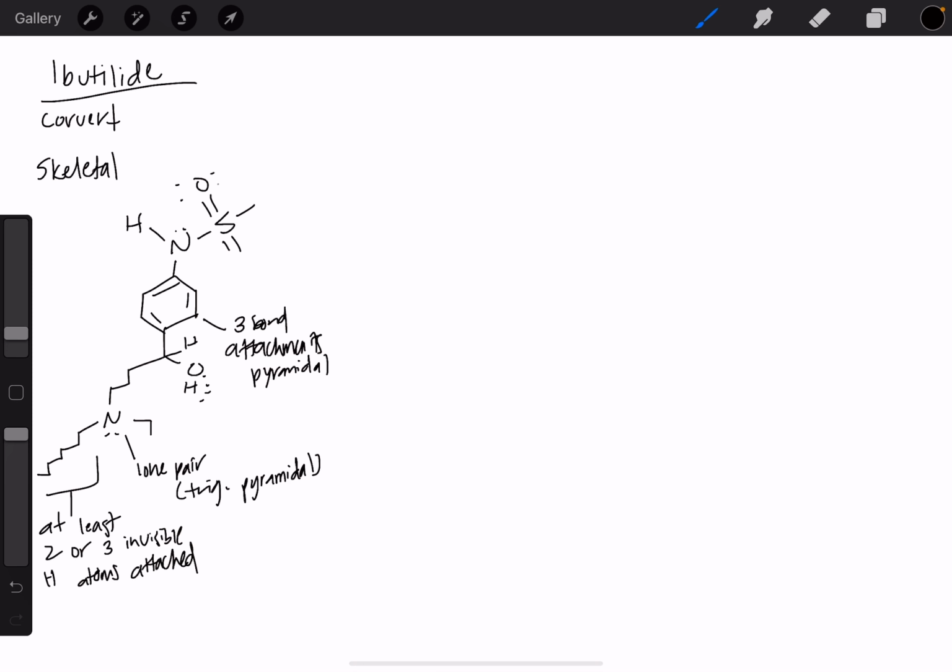Alright, now I'm going to quickly draw the VSEPR theory molecular geometry of Ibutilide. As I do, I'd like to go over just some background and the basic functions and interactions of Ibutilide. It has one primary use, and there are a lot of other drugs with similar effects.